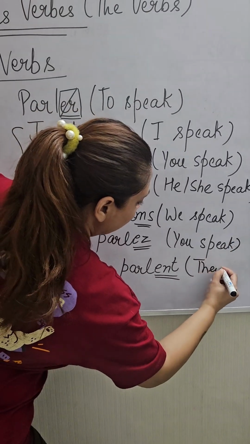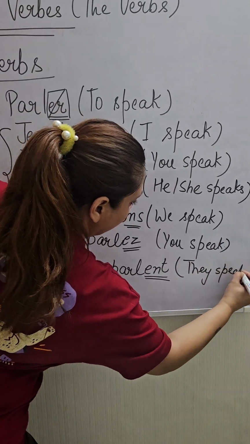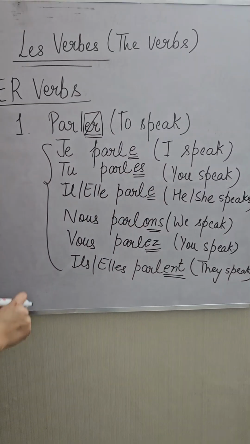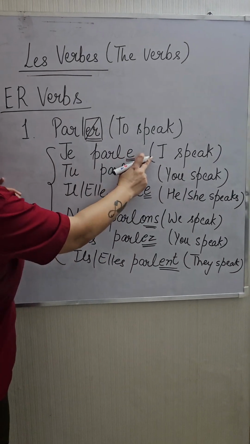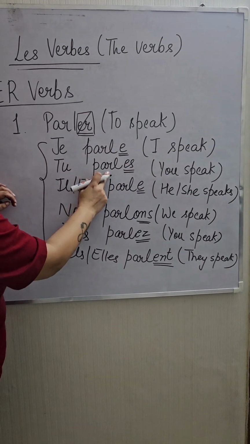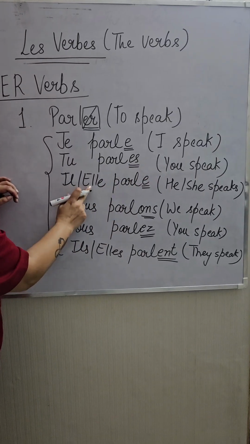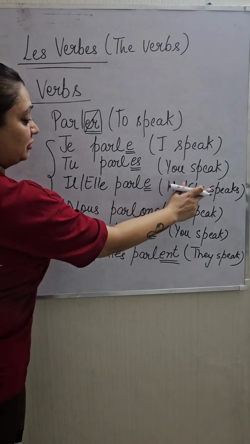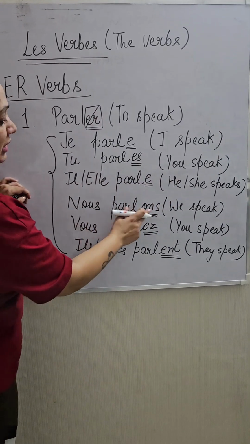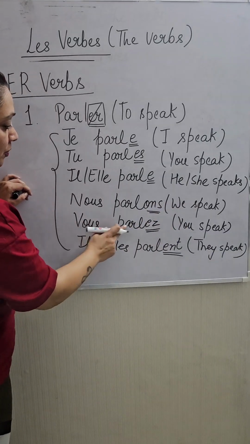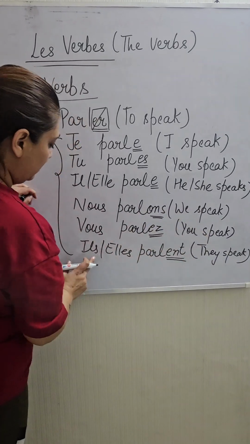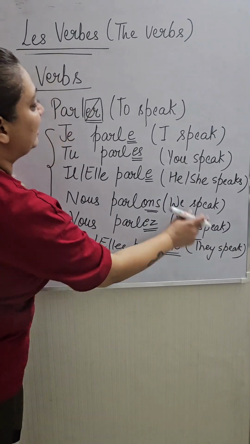Here it is they speak. So je parle is I speak. Tu parles is you speak. Il parle is he, she speaks. Nous parlons is we speak. Vous parlez is you speak. Ils parlent is they speak.